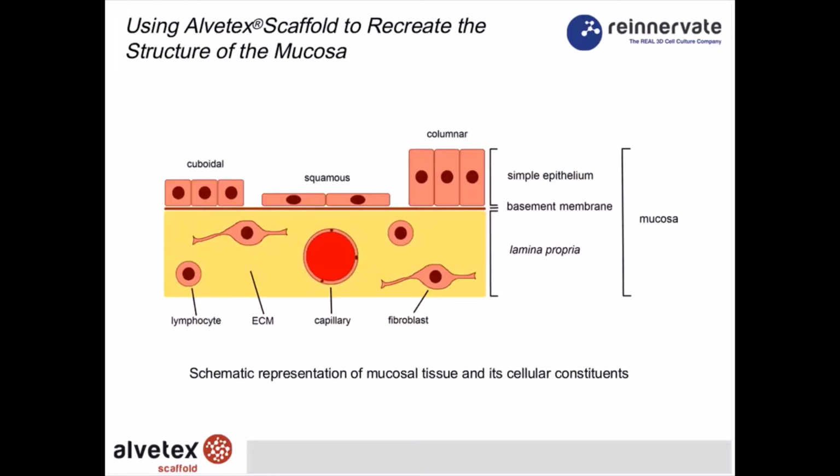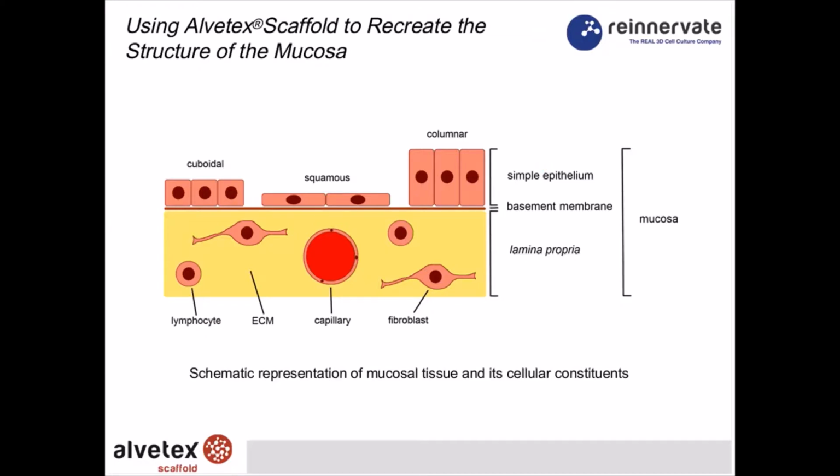So that's the epithelium I just described, sitting on the surface of an equivalent to the basement membrane, this layer here, containing extracellular matrix proteins. Beneath is the lamina propria, which is a complex tissue consisting of various cell types, capillaries, fibroblasts, lymphocytes, etc., and the ECM. And we can model that inside Alvetex to create, with the epithelium, a mucosa, a full-thickness mucosa, such as this.